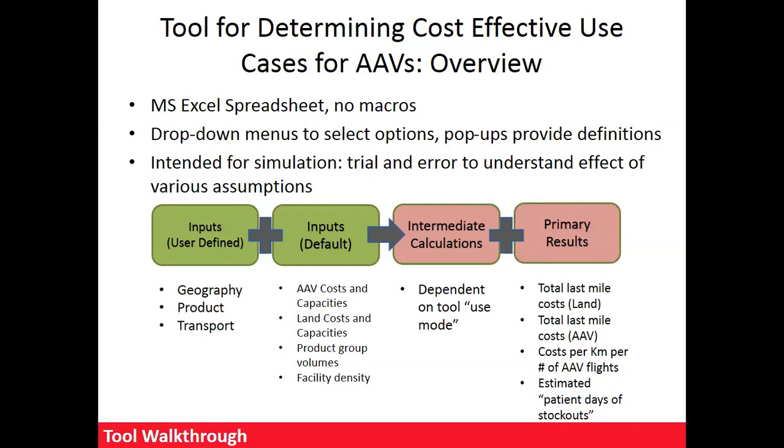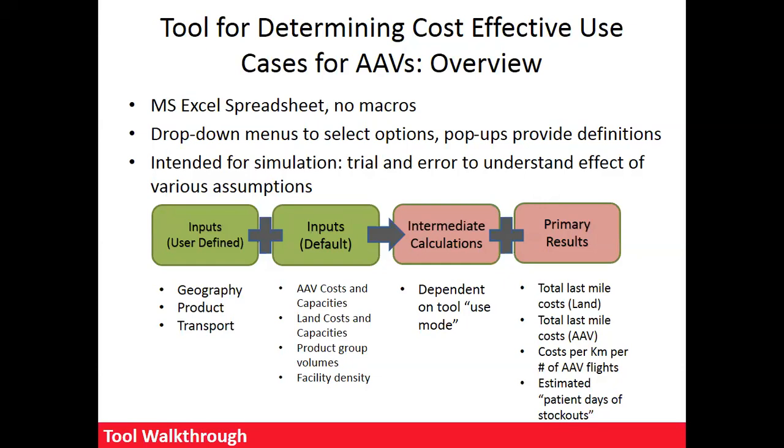Just by way of overview of this tool, it's an Excel spreadsheet. There are no macros in it. I believe Paul shared a copy of the spreadsheet in advance of this meeting through one of his emails.